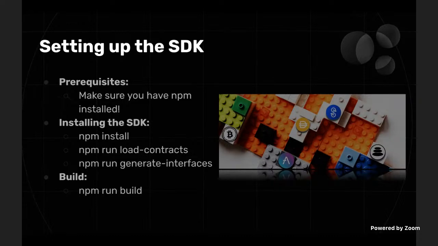We specifically use TypeScript, so you will also need TypeScript, but it should be automatically installed by npm install. The steps to be able to finally run your code include loading some contracts from our GitHub, generating interfaces, and then building actual typechain artifacts and compiled bytecode from the loaded contracts.